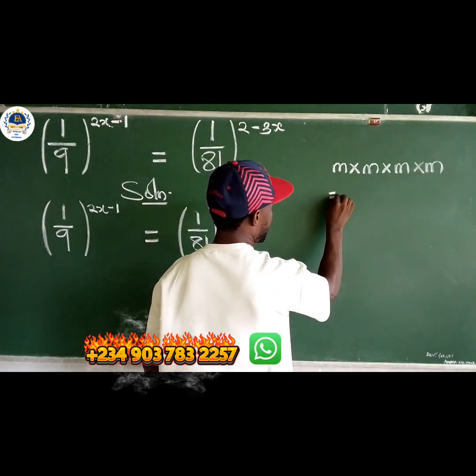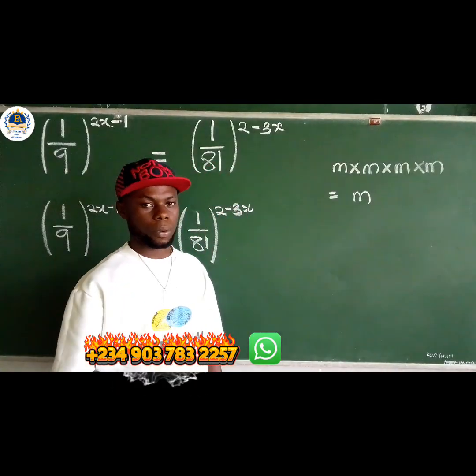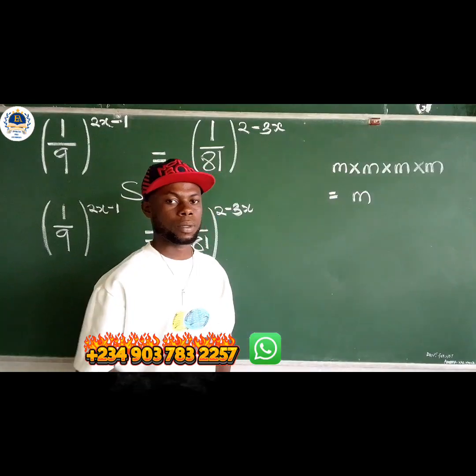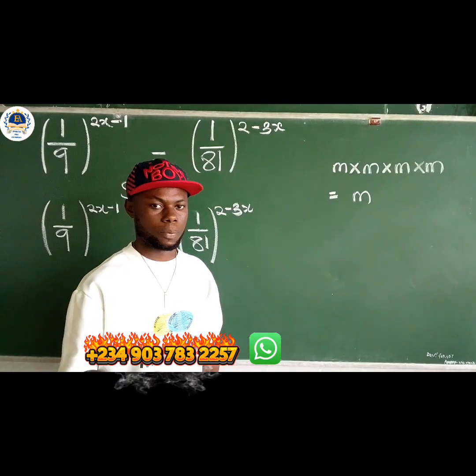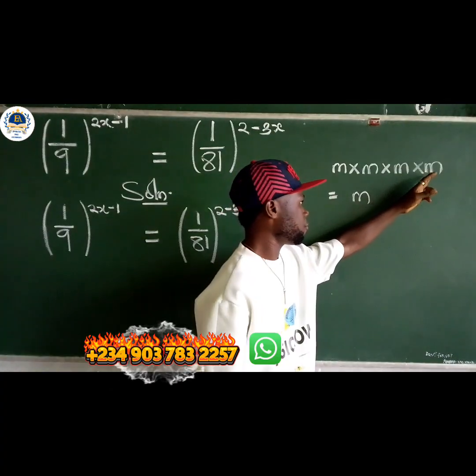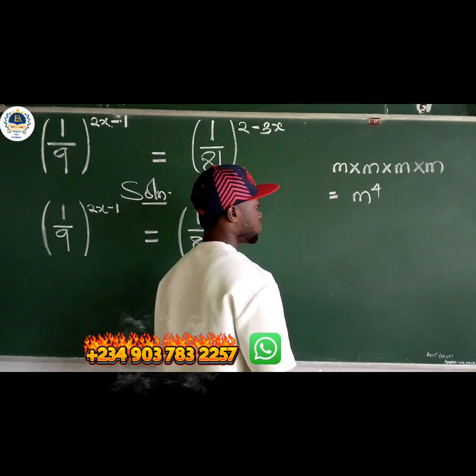So let's pick n. Then count the total number of n present in this multiplication. That becomes the power. We have 1, 2, 3, 4. That is n raised to the power of 4.